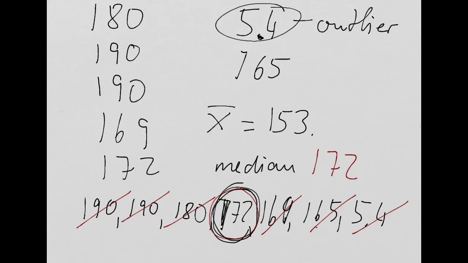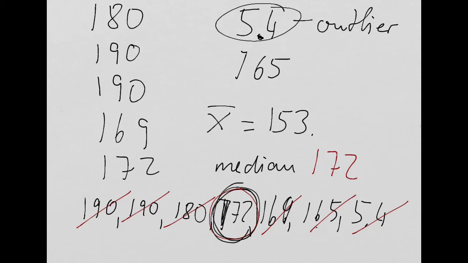So whenever you have an outlier somewhere, it will mess up your mean, but it will be okay with the median. The mode in this case doesn't help you because there is no number that is most frequent here.